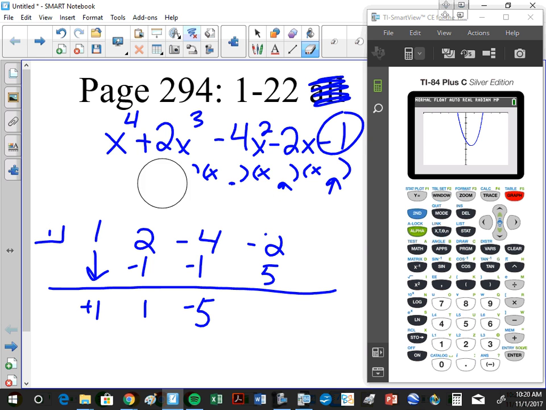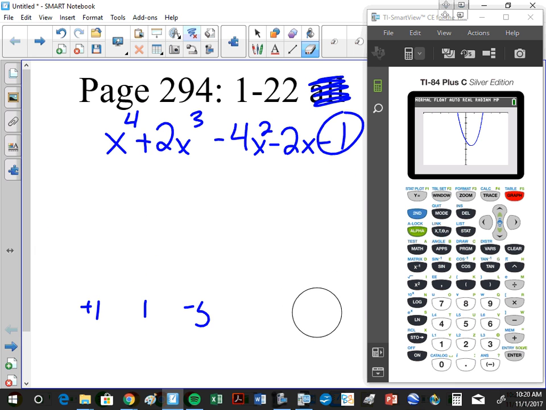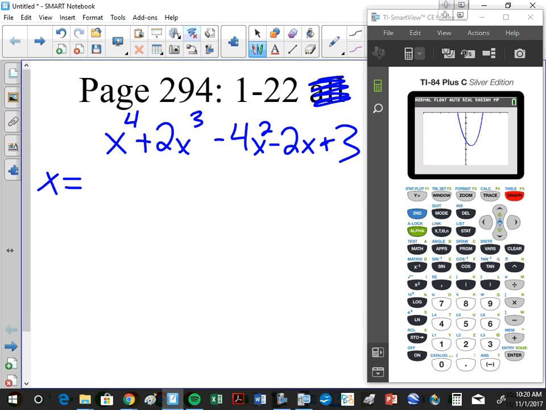I'm sorry. The constant is a 3. Yeah, I looked at the wrong equation. It's a plus 3. Okay, sorry. So what are my possible roots? Plus or minus 1, plus or minus 3.